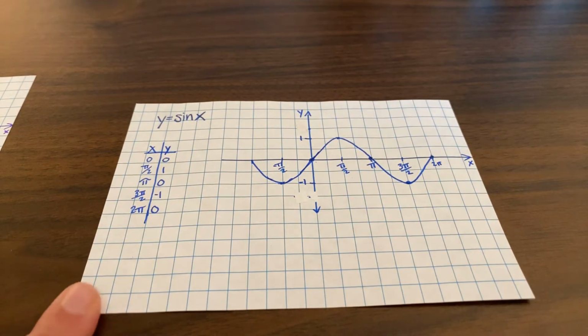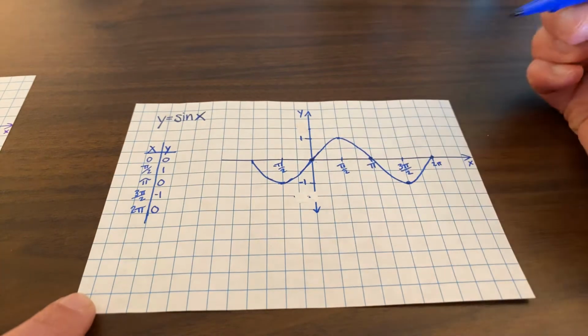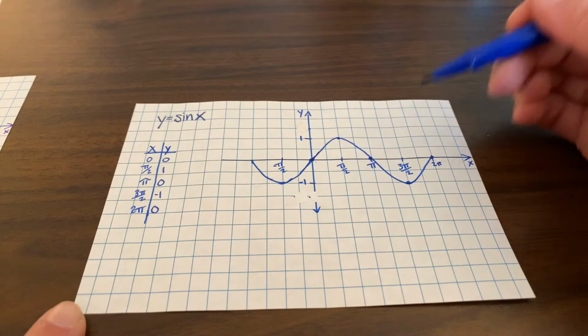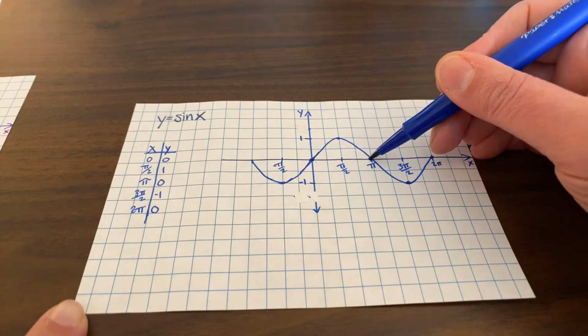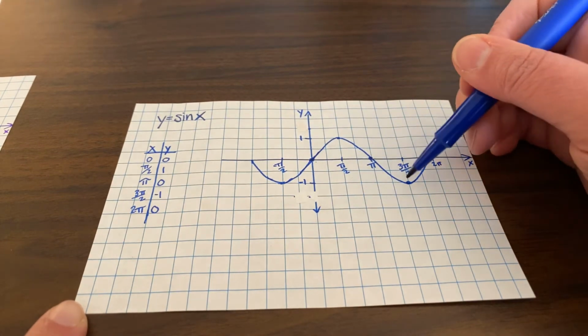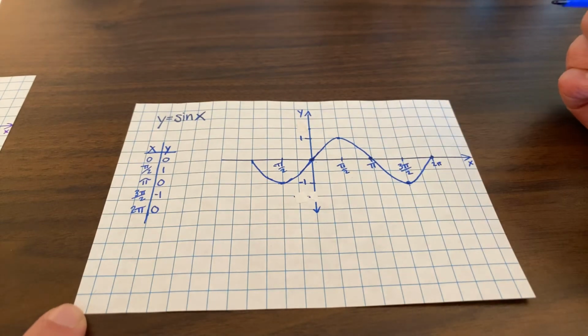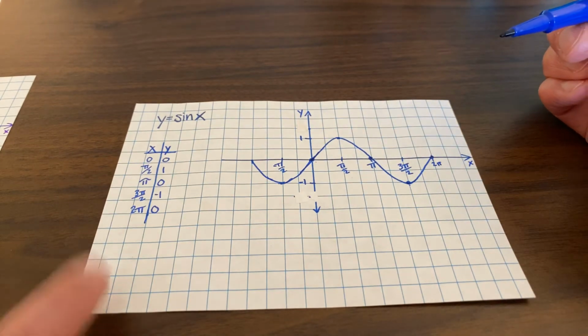This is the graph of the function y equals sine of x, right? And you need to know this. You need to know that it goes through the origin, and then it goes up to 1 at pi over 2, and it goes back down to 0 at pi, goes down to negative 1 at 3 pi over 2, and goes back up to 0 at 2 pi. You need to know what this graph looks like.